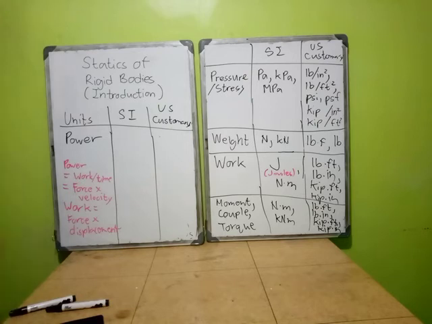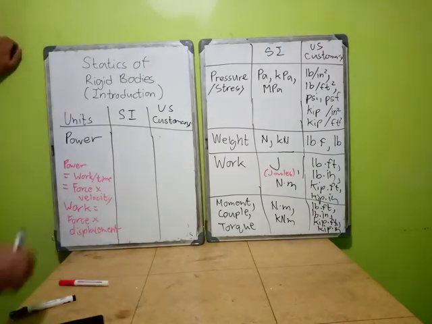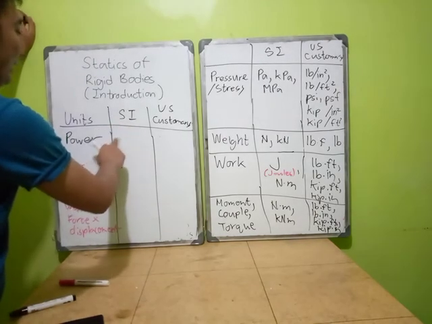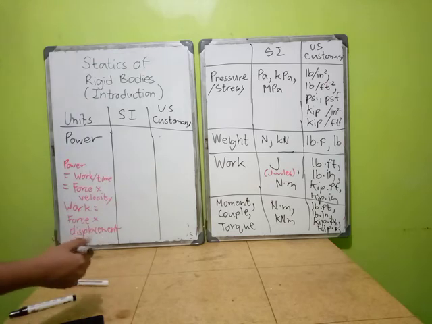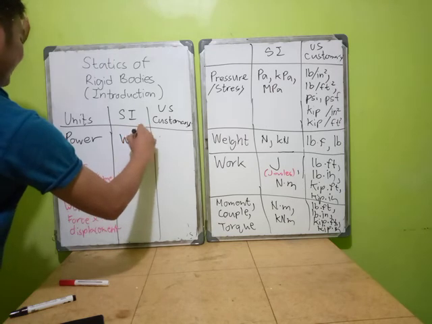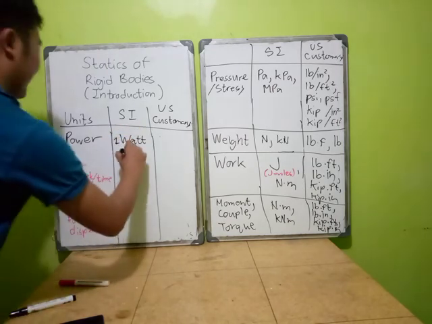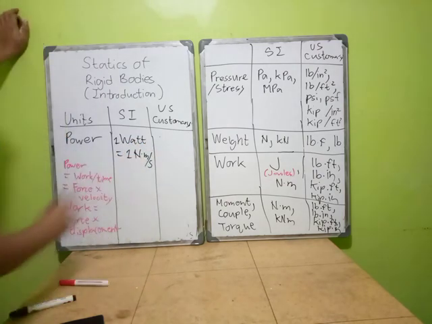Okay? So, ano ba yung common unit na ginagamit sa SI? Yung ginagamit sa SI class is, pwede mo siyang tawaging joules per second, watt. Okay? Yung 1 watt is equivalent to, pwede yung 1 Newton meter per second.